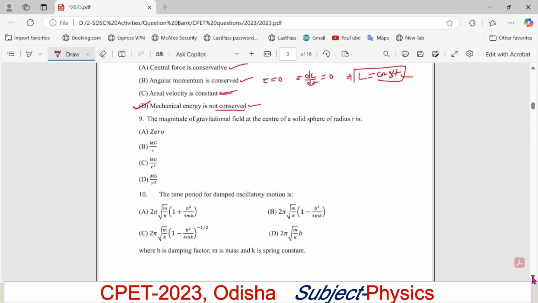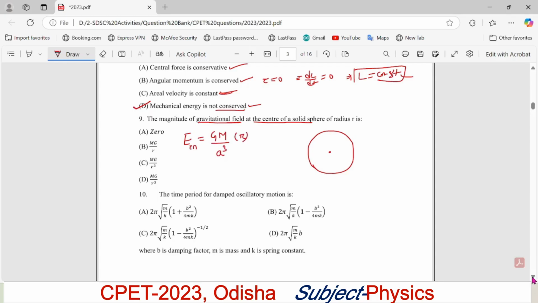Question number 9. The magnitude of gravitational field intensity at the center of the solid sphere. So this is your solid sphere. At the center, it is asked what the gravitational field intensity is. In general, the gravitational field intensity inside a solid sphere is represented as GM by a cubed into r.